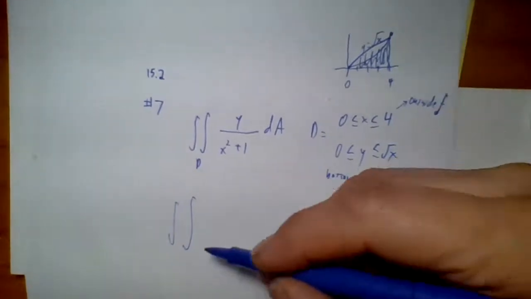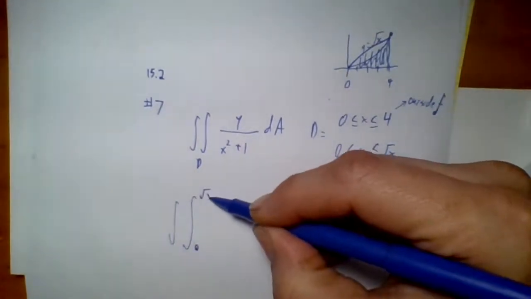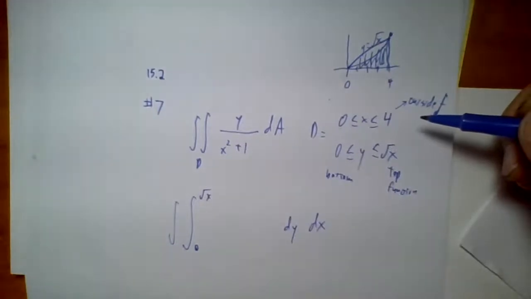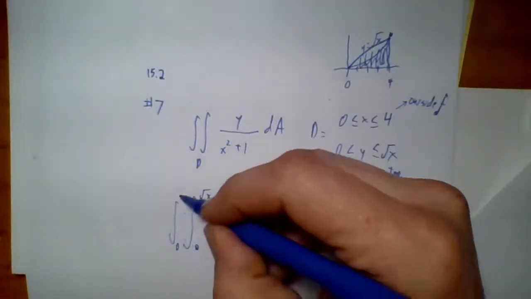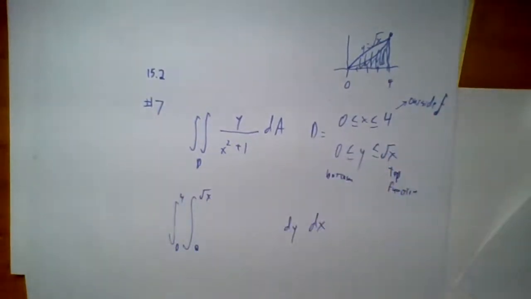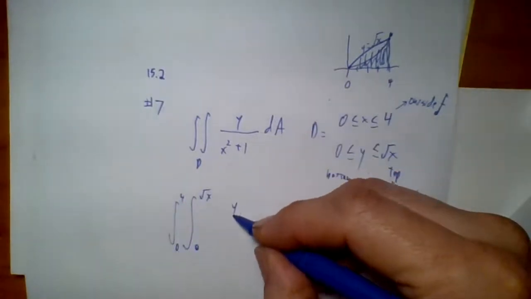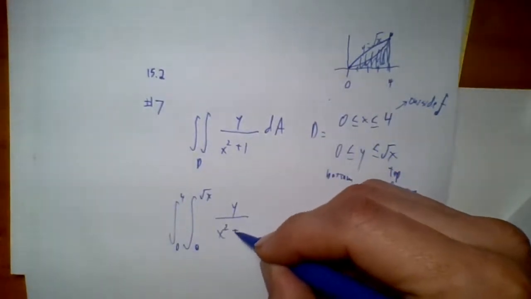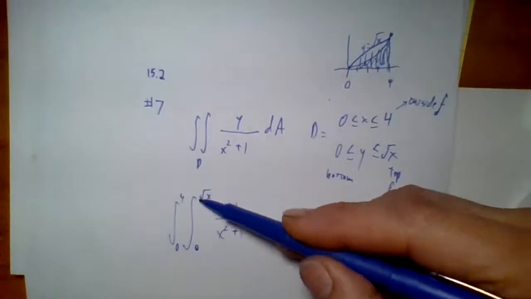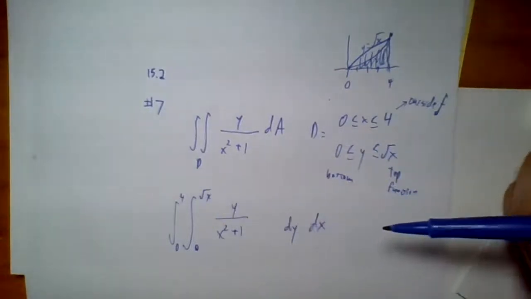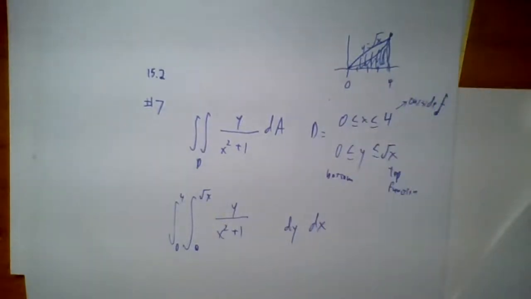So when I do y, it's going from 0 to square root of x. That's the deal. And so that's got to be the inside integral. And the 0 to 4 has got to be the outside integral for x. Now that means we're going to be substituting in stuff like that for y after we do the antiderivative. We're evaluating it from 0 to square root of x.